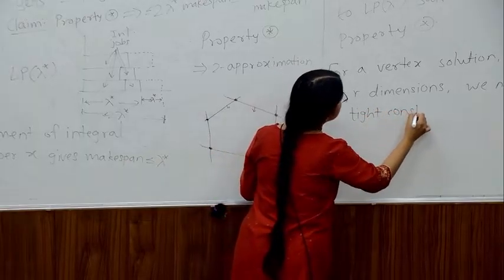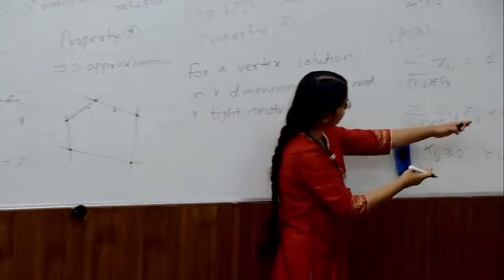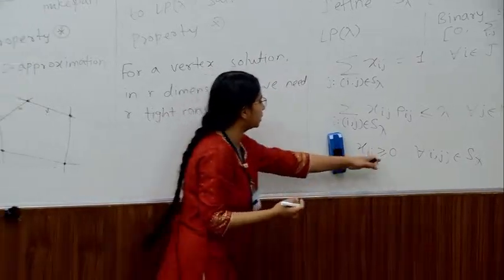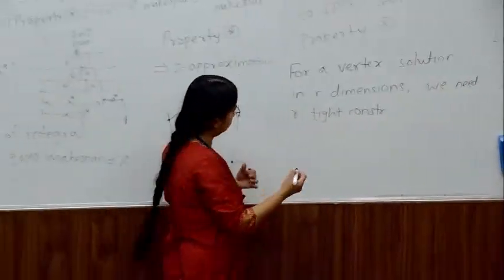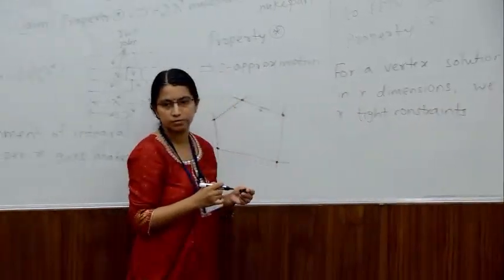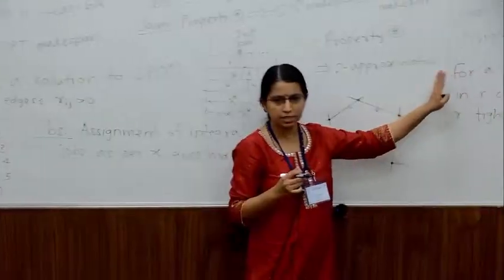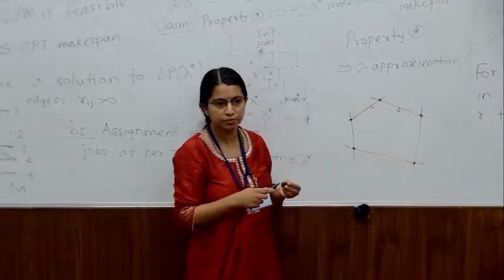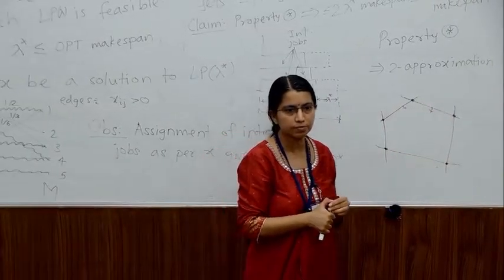When I say tight constraint, that means although we have less than or equal to here and here, or here greater than or equal to, we need equality. Is everybody comfortable with this? Otherwise I will explain more.